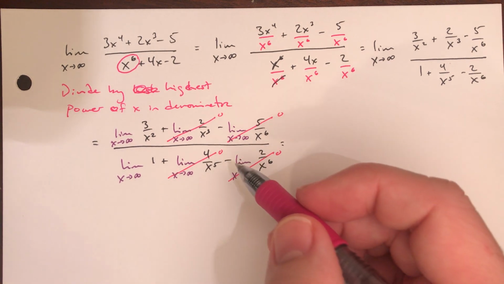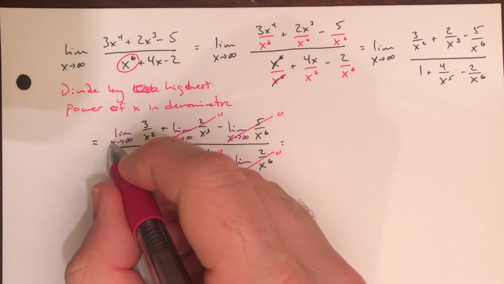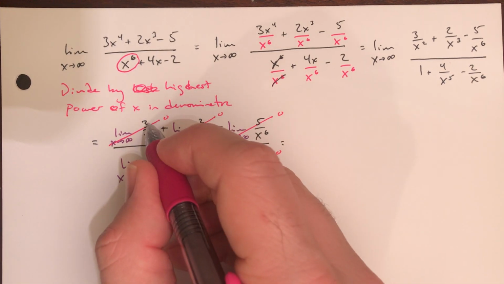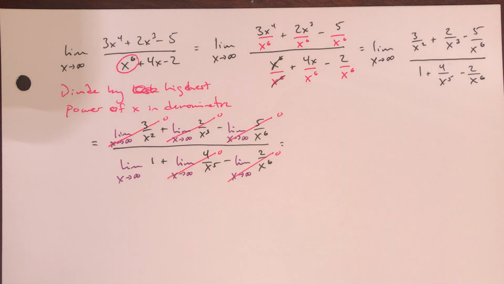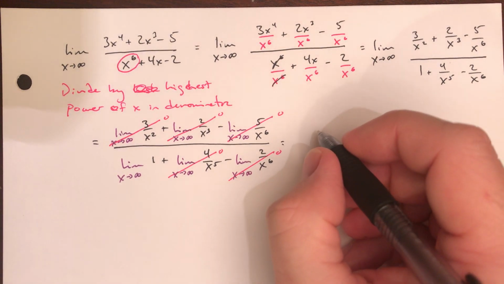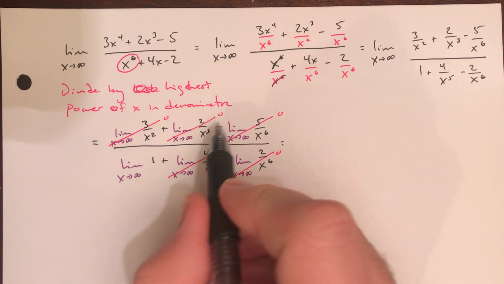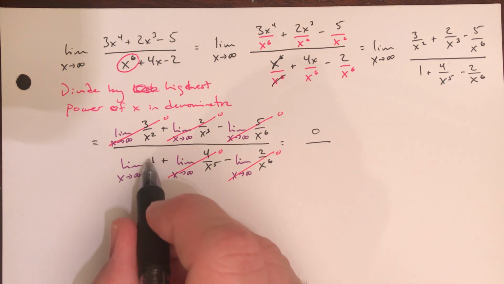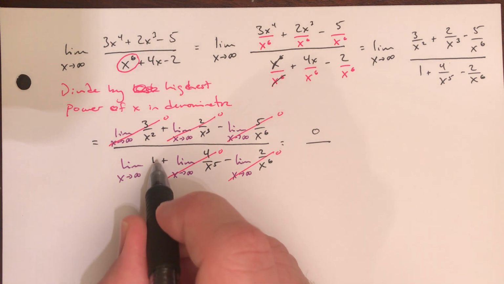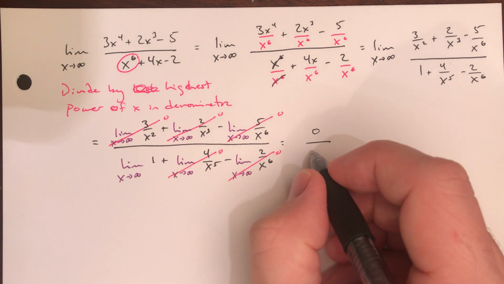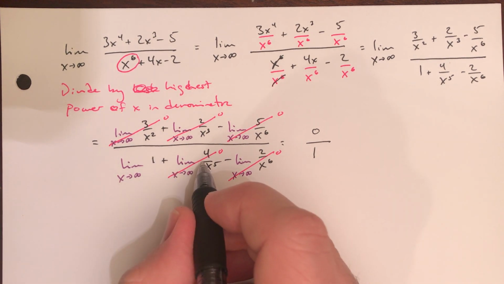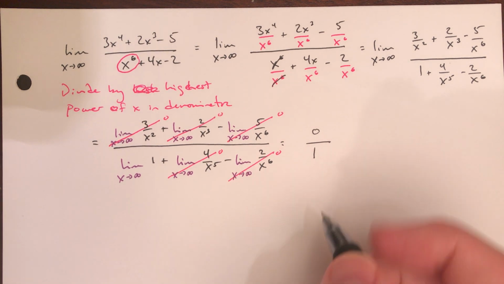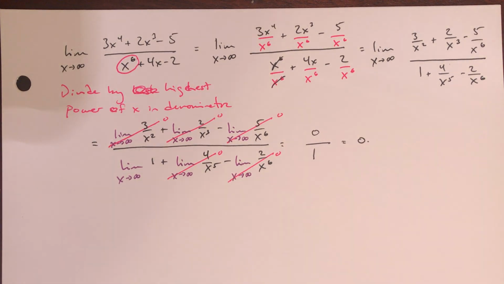And that's our fact from the previous page. And then finally here, the limit of 3 over x squared is going to be 0. And what's left behind? 0 plus 0 minus 0 over the limit as x goes to infinity of the constant function 1, which is just 1 plus 0 minus 0. That limit is 0.